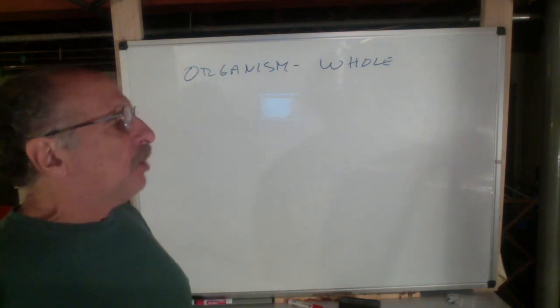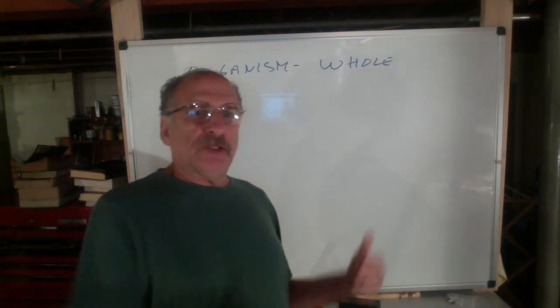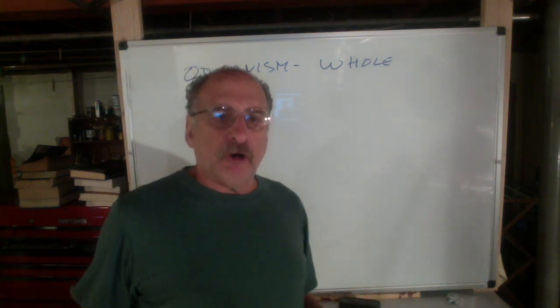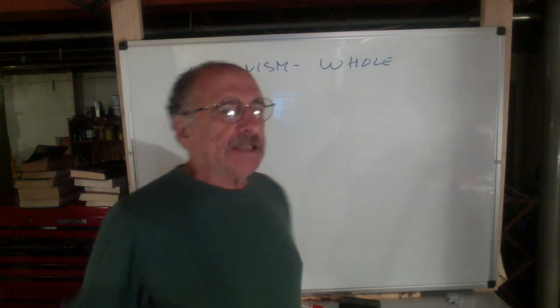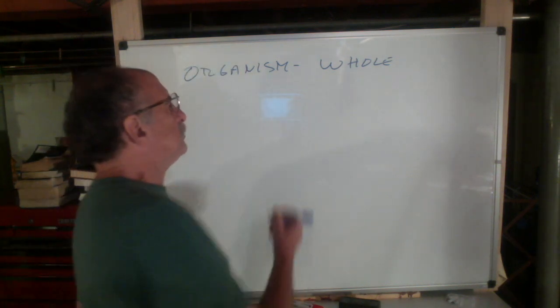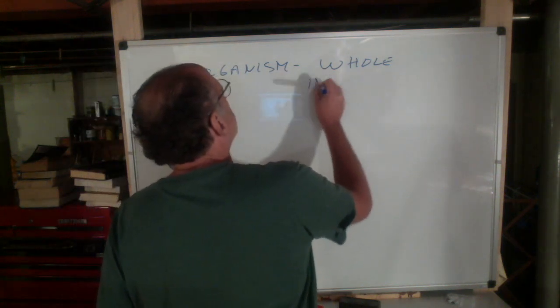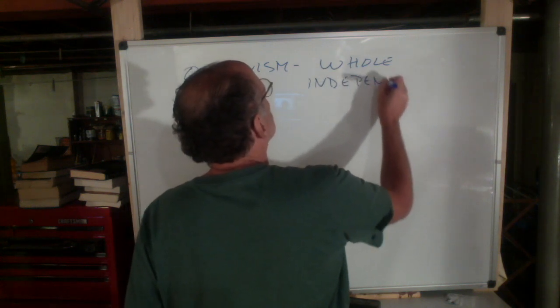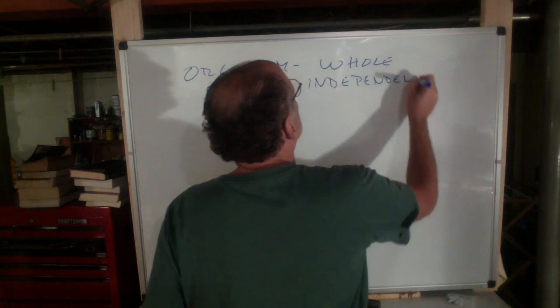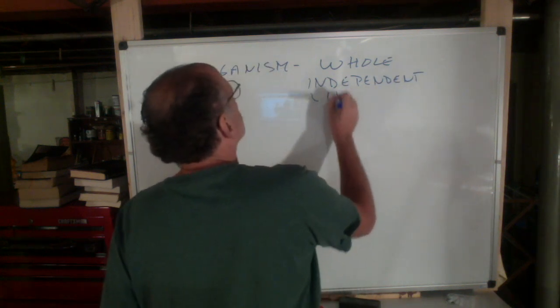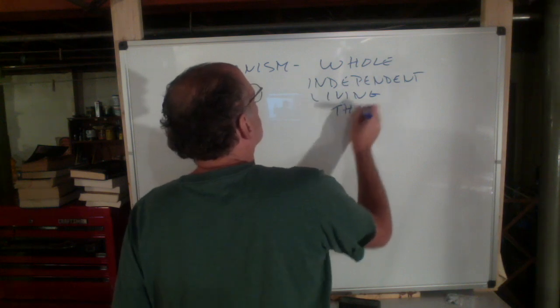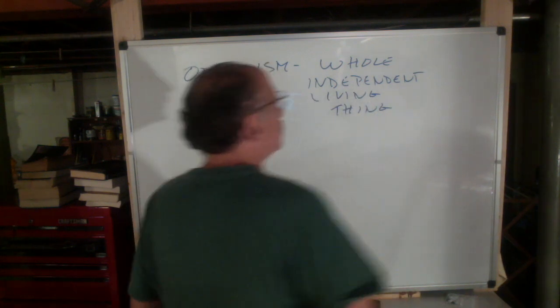And because it's whole, it can do something the parts cannot do, which is it can live on its own. So that gives us the definition for organism: an independent living thing.